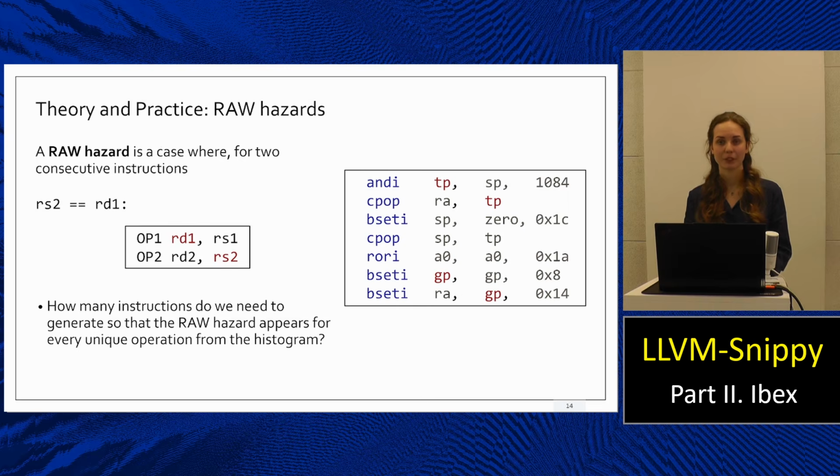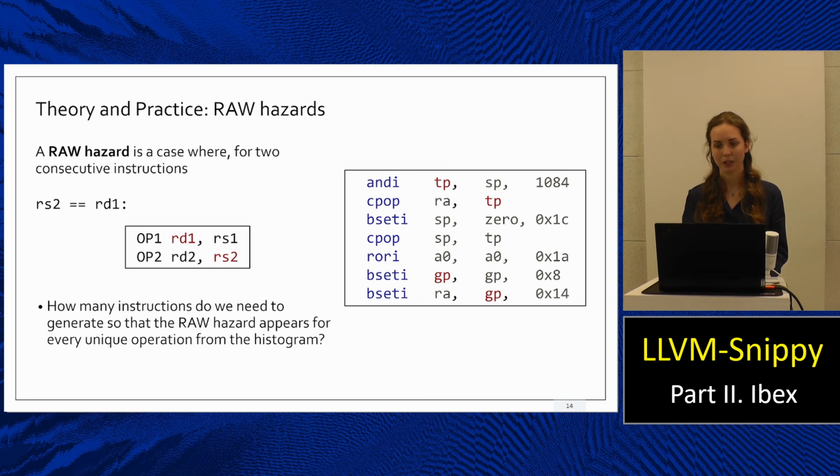Let's start with dependencies between neighboring instructions. A clear example is the RAW hazard, read after write. The first instruction writes a result to a register and the next instruction immediately reads the same register as a source operand. For the pipeline, this is more interesting than two independent instructions.